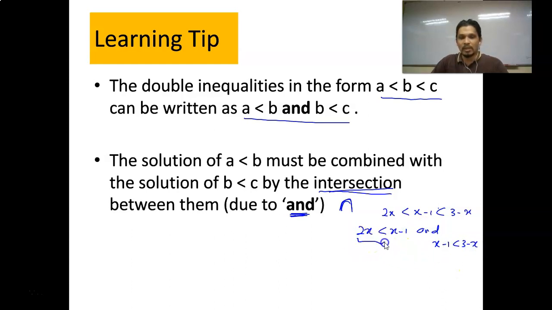So we divide this into two parts or two cases. So we solve this first and we solve this part. Then the solution of these two we combine together to find the final answer. Intersection, because we have the term "and" here.